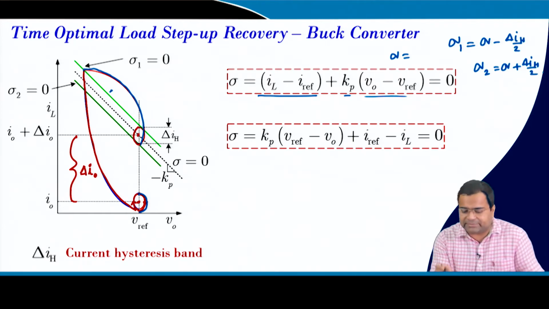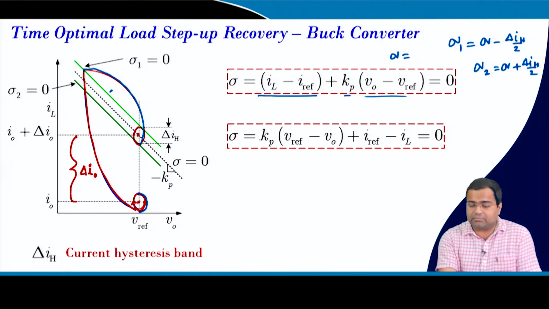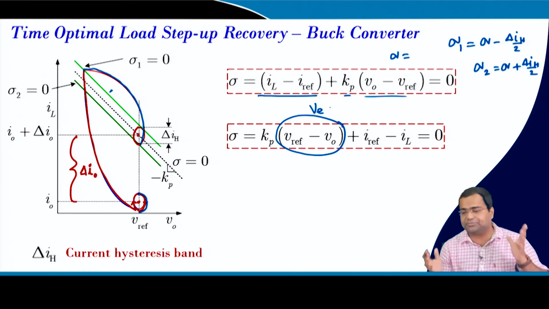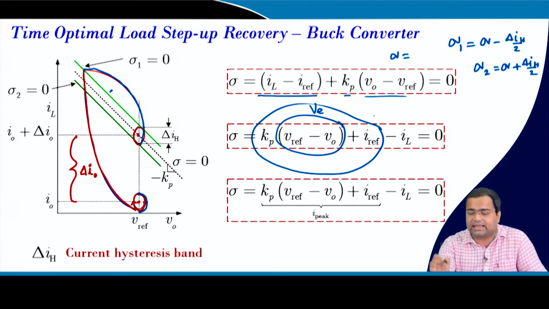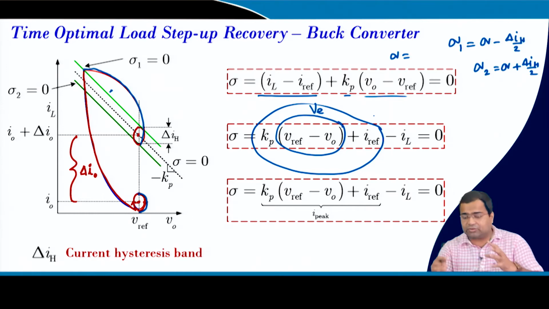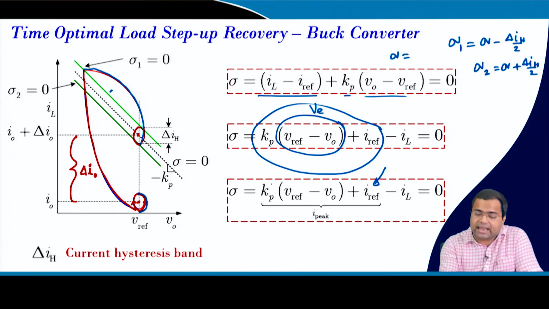Now, if you rearrange sigma, that means multiplying with minus 1, it will look like a traditional error voltage, Vref minus V0, and a reference current. The complete thing looks like a peak current reference consisting of the reference current, which can be the load current, plus the proportional gain into error voltage.